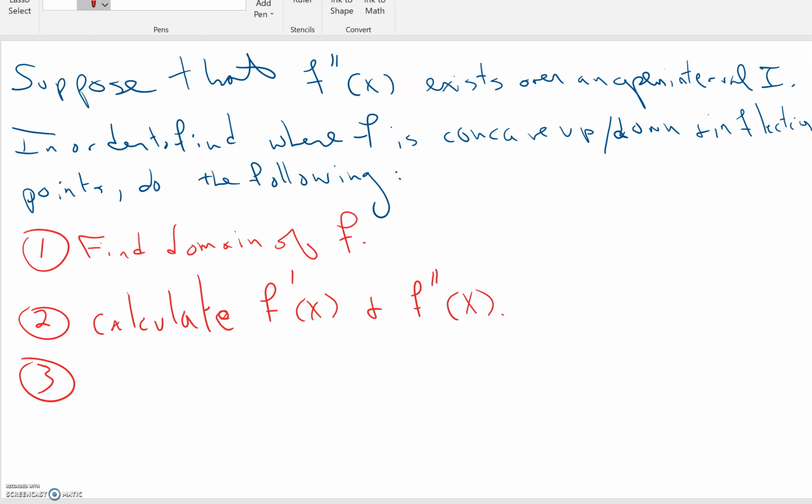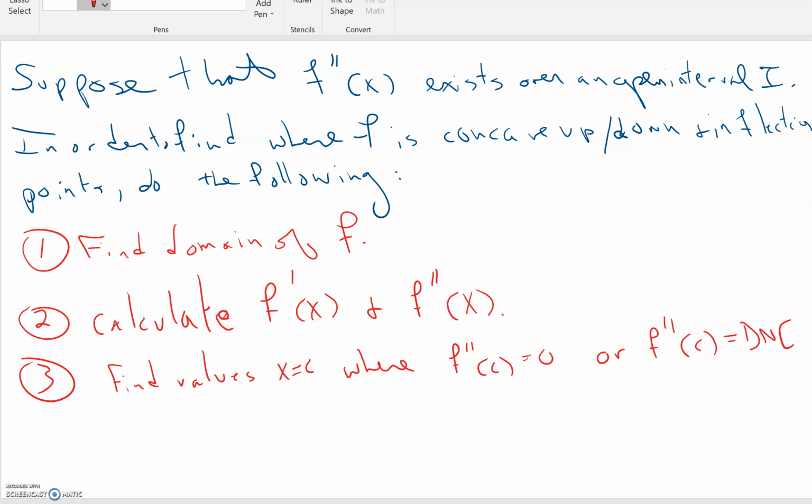Third thing is, and this is really basically finding the critical points of f prime, we need to find the values x equals c where f double prime of c equals 0, or f double prime at c does not exist. So those are the critical points of the derivative, whereas before we were finding the critical points of the original function.